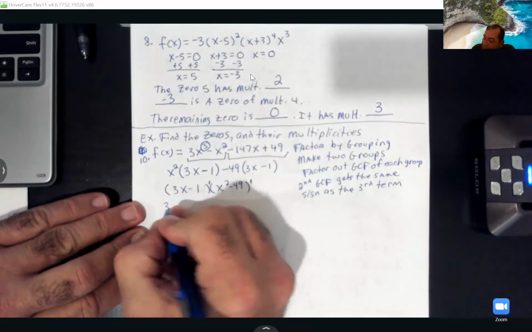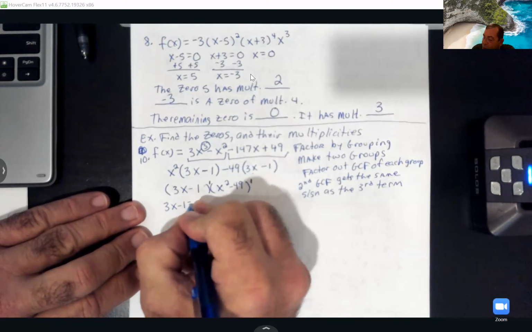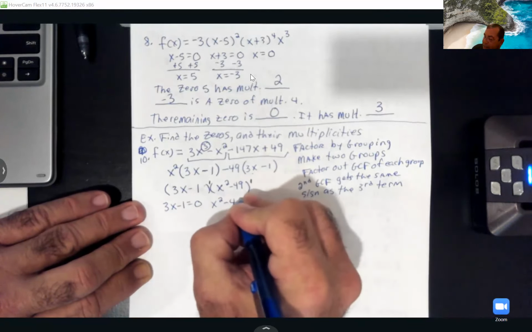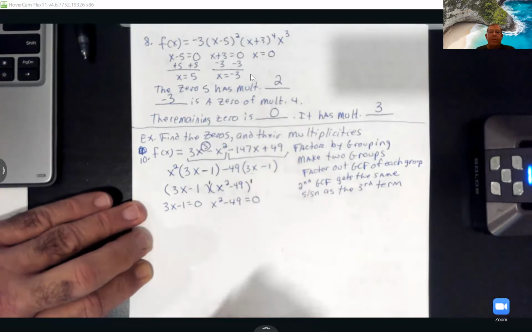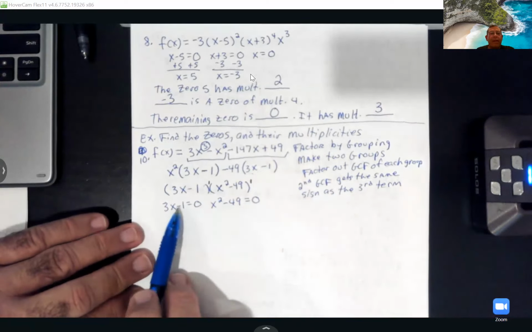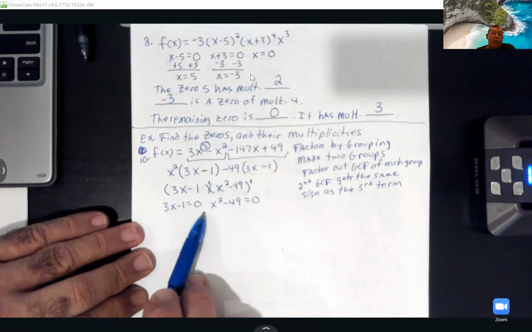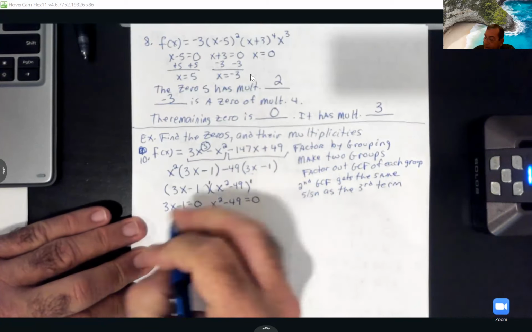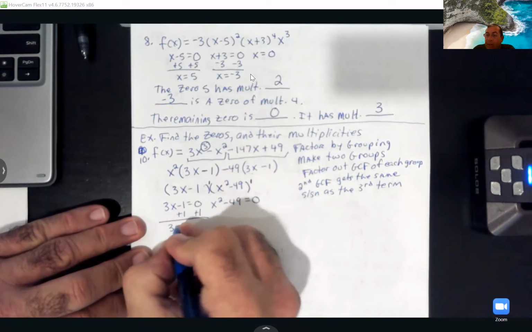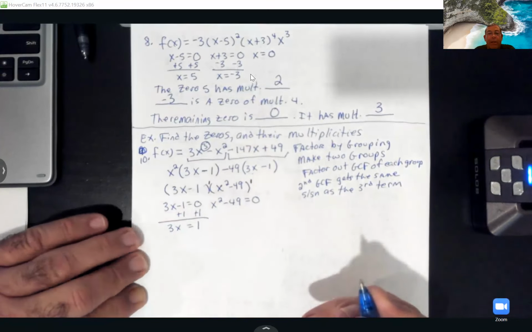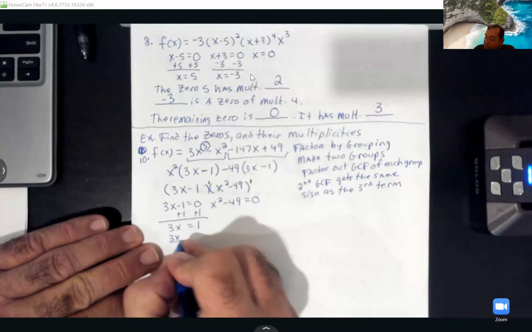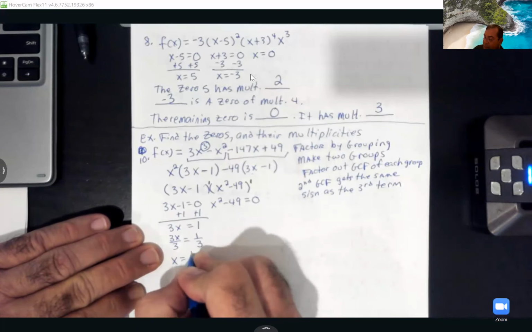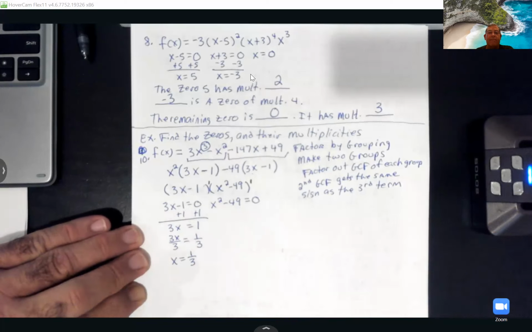So let's find them zeros by setting 3x minus 1 equal to 0 and x squared minus 49 equal to 0. So y'all, this one, we're going to add 1 and then divide by 3. So I get 3x equals 1, and then I'll divide by 3. So that I get x equals 1/3.